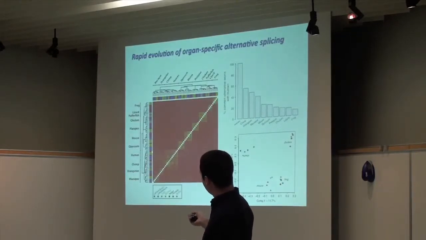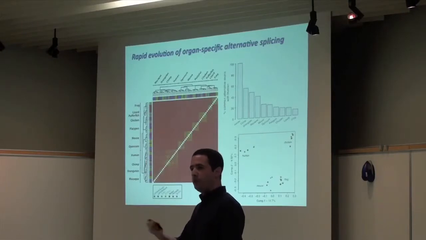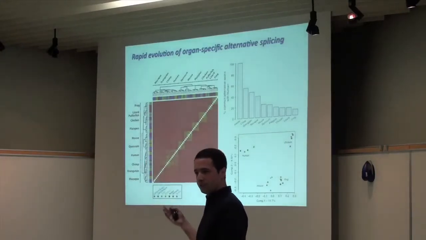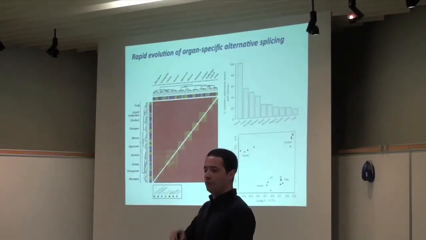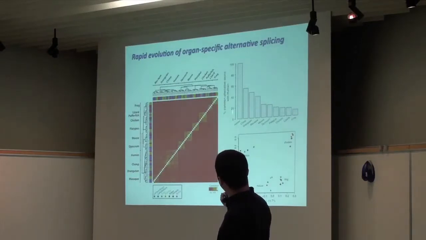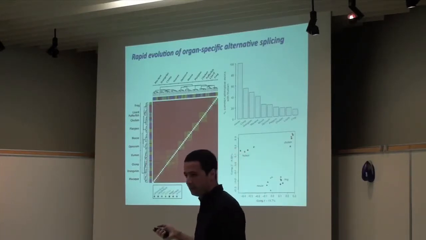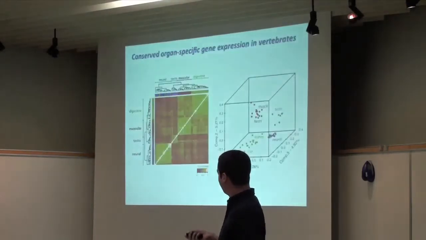Essentially, to put it in a Shakespearean way, to be or not to be alternative is a species-specific thing. When you take all the exons that are alternative in human and ask how many are alternative in the other species, you see this rapid decline. Even chimp is only about half in common. So alternative splicing is apparently a very species-specific thing.